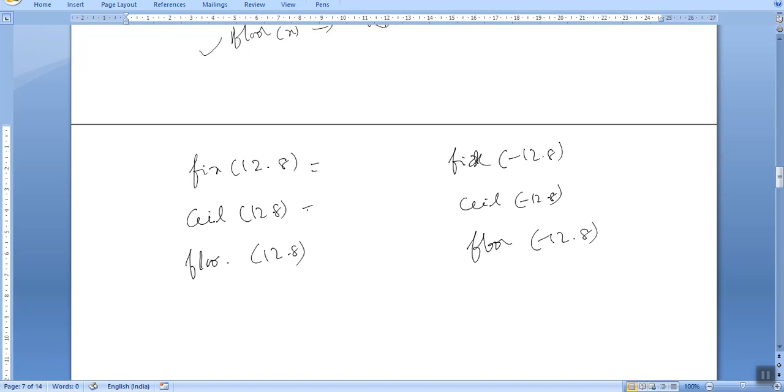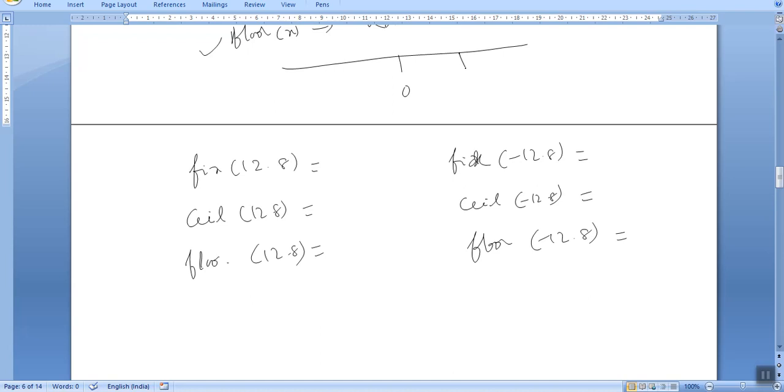What about the values? Very easy. I will write 0 here, 12, 12.8, and minus 12, minus 12.8, then minus 13.